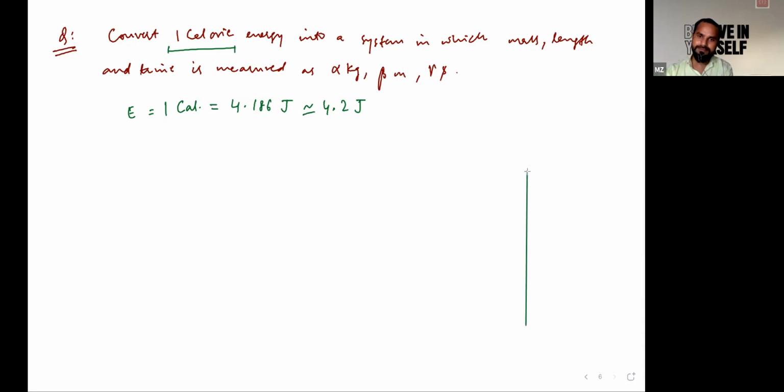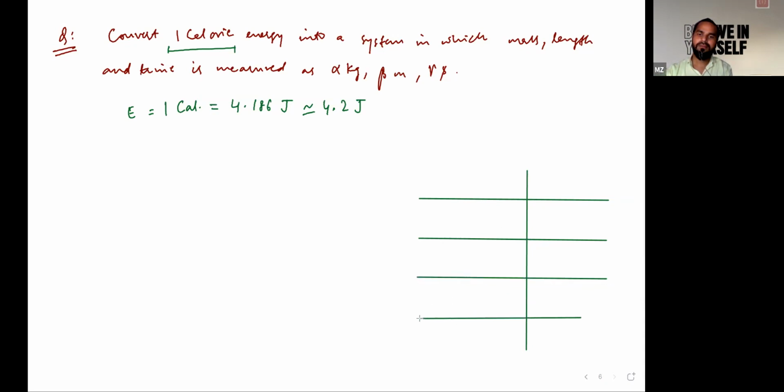Just make a table of conversion from SI system of unit into the new unit. Write all the values and try to simplify.